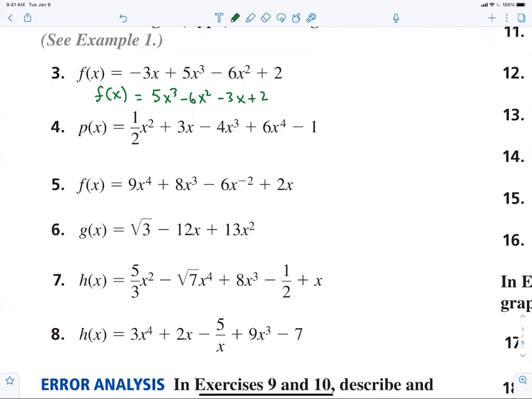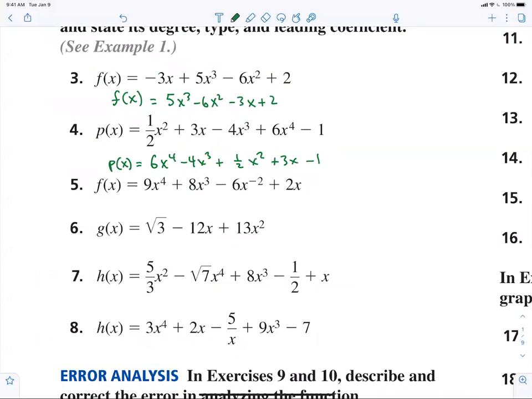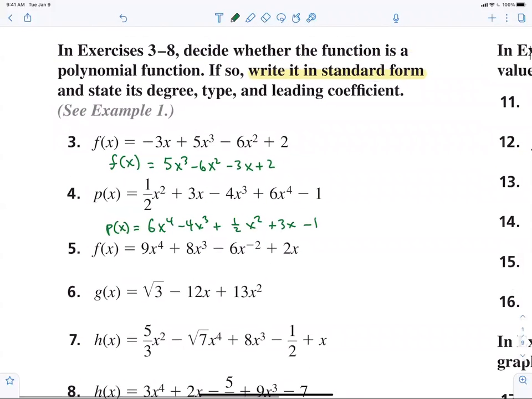Now, just to make sure, let's look at number 4. Let's rewrite it. P of x is equal to what? I told you guys, simple, simple, simple. I didn't even read that.